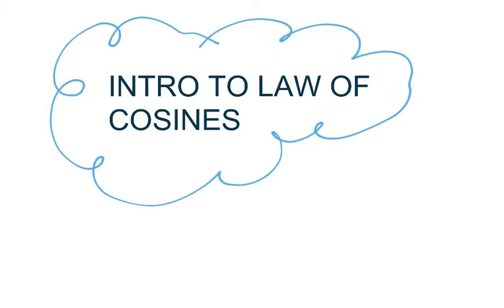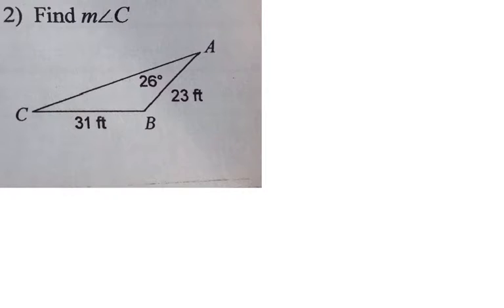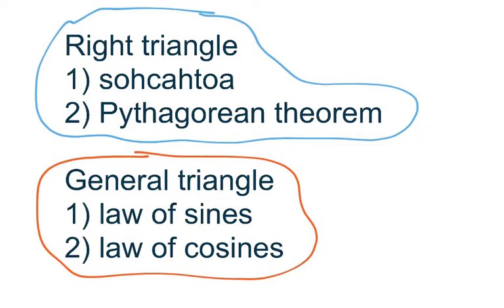Okay everyone, this is an intro video to the law of cosines. So first, let's go ahead and start here. As I've said numerous times in the classroom, we've been doing a lot with right triangles.